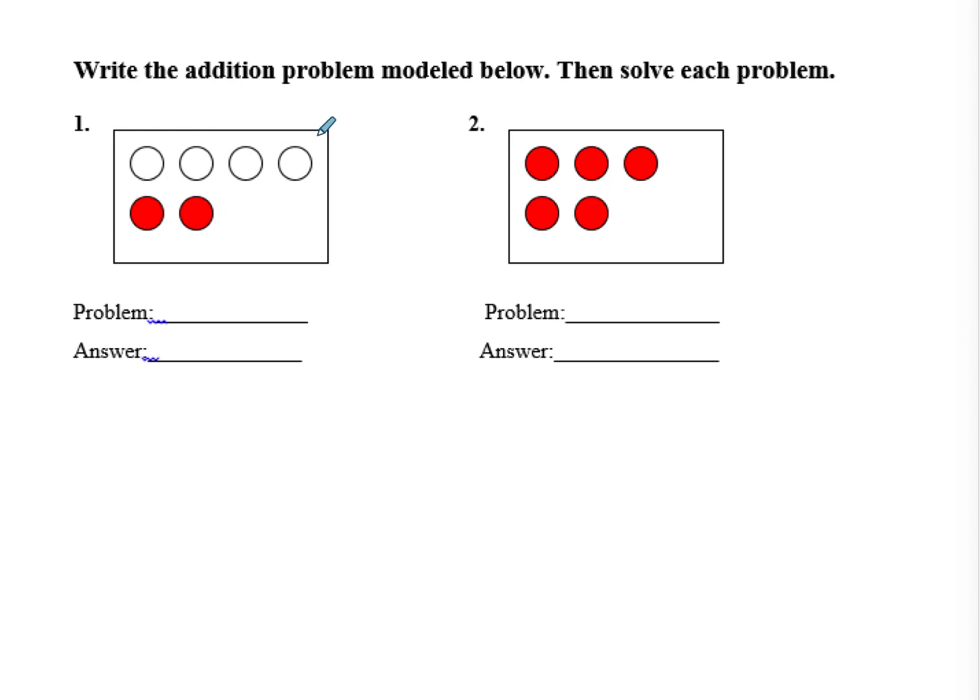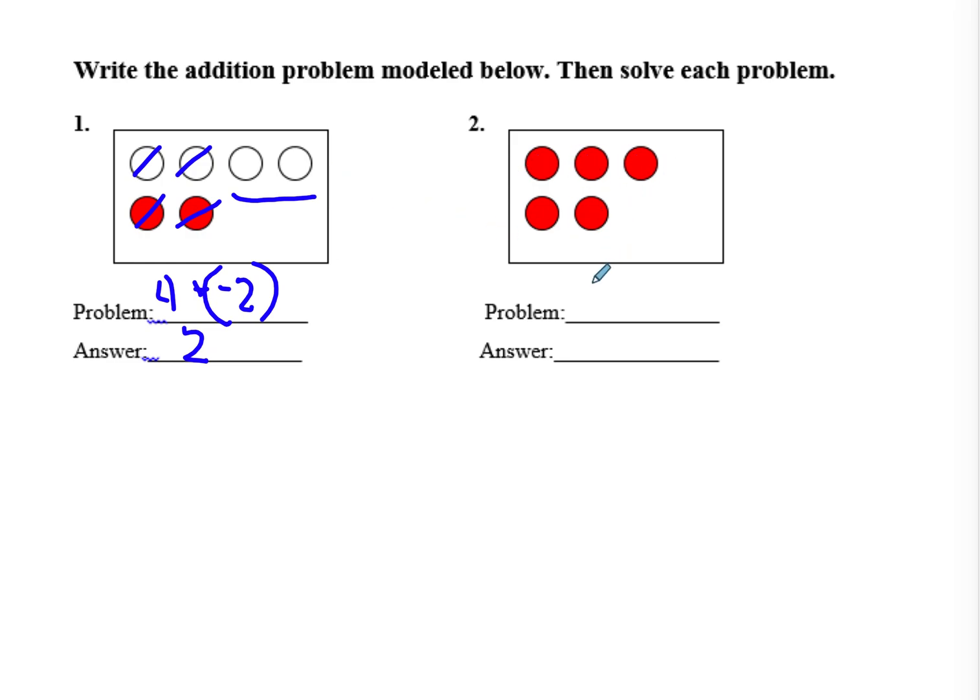So for this one, the problem is going to be 4 plus -2. I'm going to just cancel out my zeros by drawing lines through them. My answer, what I have left over here, is going to be +2.